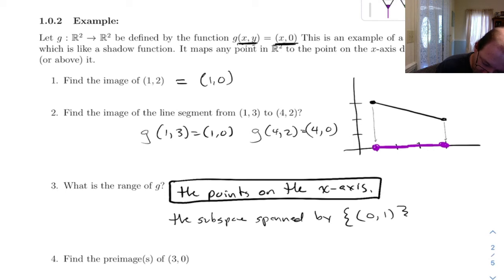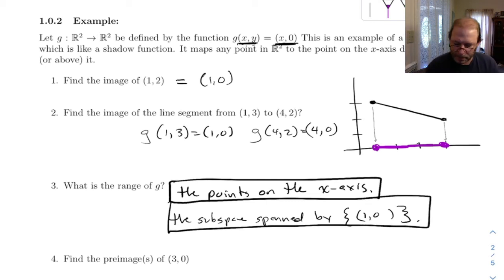The set only contains (1, 0), actually no, it should be (1, 0). So basically what we've given there is a spanning set, because the range of this thing happens to be a vector space.